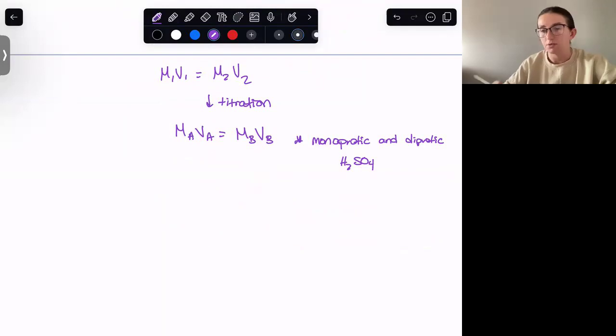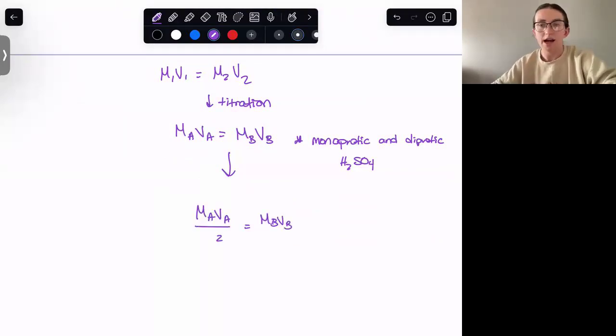And so in order to account for this 2 moles of base, you're going to change this so that your acid is divided by 2 because now you have 2 moles, right?